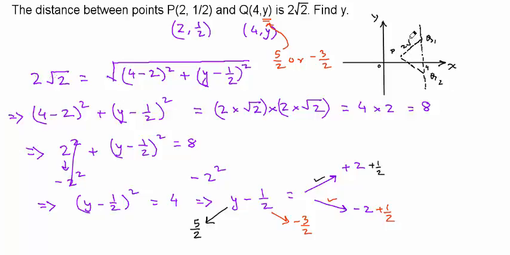They are the same distance, 2 square root of 2, equal distance from that point P. And that is exactly why we are having two different answers: one of the points is (4, 5/2), that's in the first quadrant, and the other one is (4, negative 3/2), that lies in the fourth quadrant. These 2 points both are the same distance, 2 square root of 2, away from P. That explains why we have two different answers.